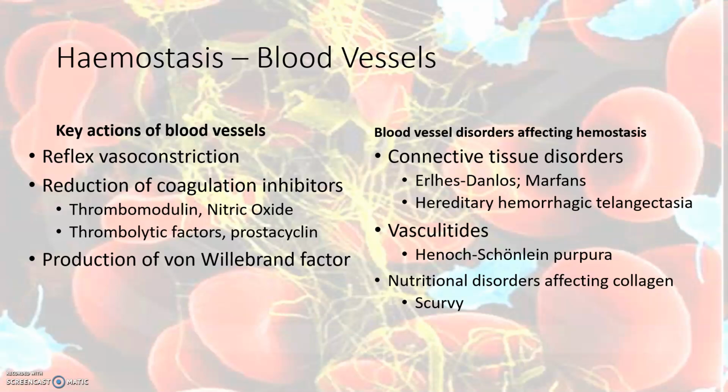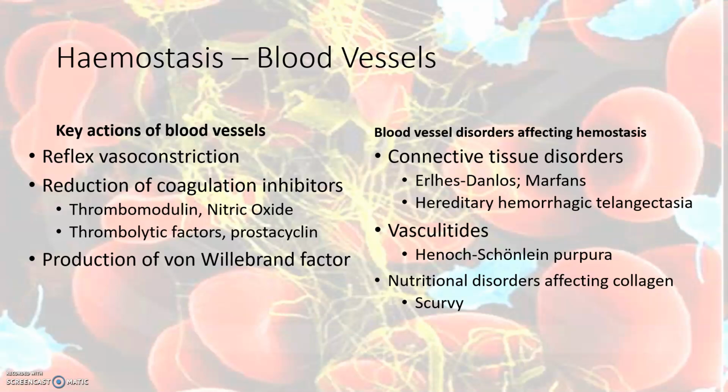So let's start with the blood vessels. The key actions of blood vessels in hemostasis are reflex vasoconstriction and the reduction of coagulation inhibitors. So bear in mind, in a normal blood vessel that has not been injured, you have to have normal blood flow without the risk of coagulation.